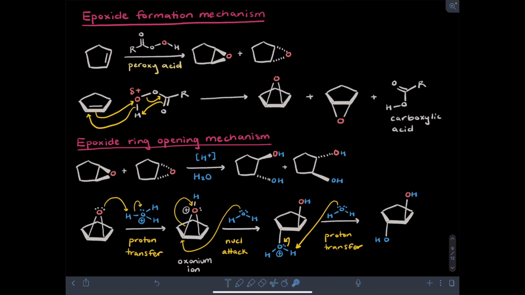So here I've just drawn the epoxide ring opening mechanism for one of the starting material orientations where the oxygen was facing up the page. If I repeated the mechanism with the oxygen pointing down instead, I could get to the other enantiomer of product.